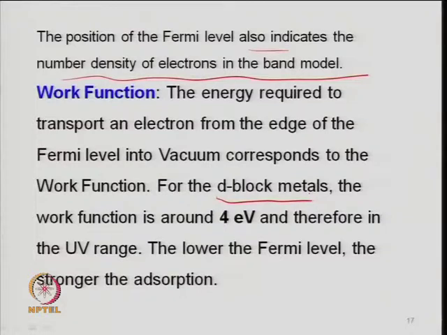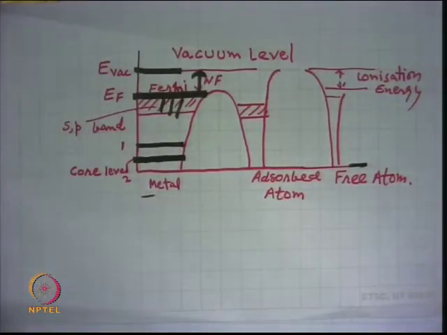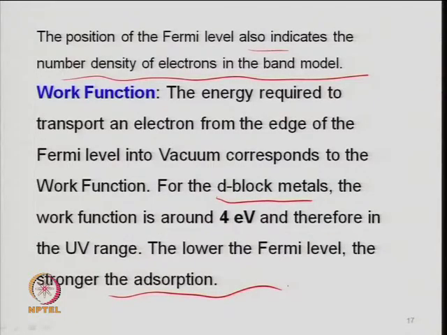So your chemisorption, whether it is the strong metal support interaction we are talking about, or a gas molecule adsorbing strongly on the metal, is related to the Fermi level. If the Fermi level is on a lower side, the chemisorption will be stronger.